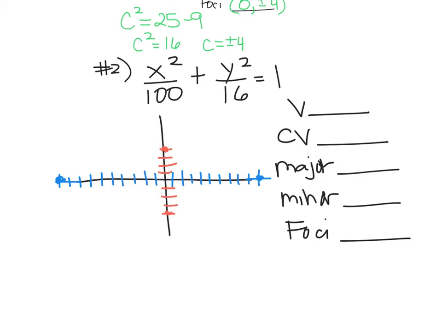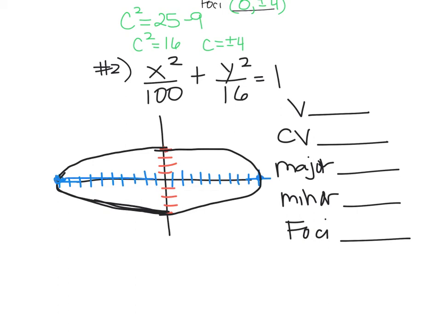Perfect. All right, so I have my 4 points that I need, and let's go ahead and graph our ellipse, kind of. There you go. Hopefully yours is better than mine. I don't really graph these very well. There we go. Okay, so our vertices, remember, are going to be the ones that are the farthest away from the center. And so that would be right there. Those are on the x-axis, and those points have coordinates plus or minus 10, 0.